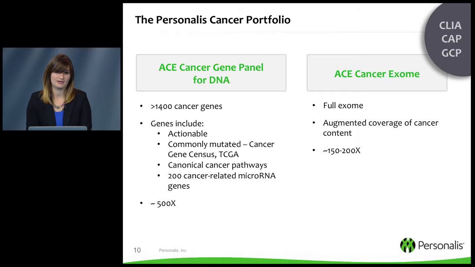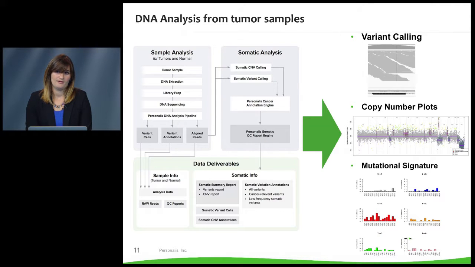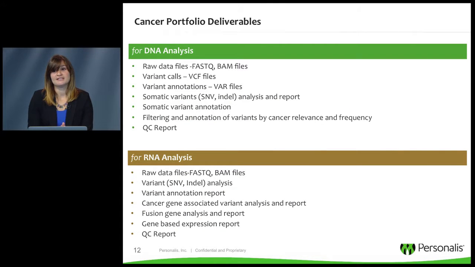Now, for our DNA analysis, each sample goes through an extensive workflow, as shown here in the diagram. Somatic variants, including SNVs, indels, MNVs, and somatic CNAs, are reported, as well as somatic variant annotations and relevant plots, including genome-wide copy number and mutational signature. And for all of our cancer assays, we think it's important to offer a complete set of deliverables.